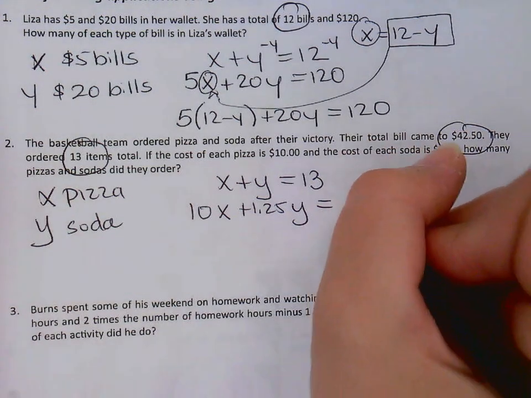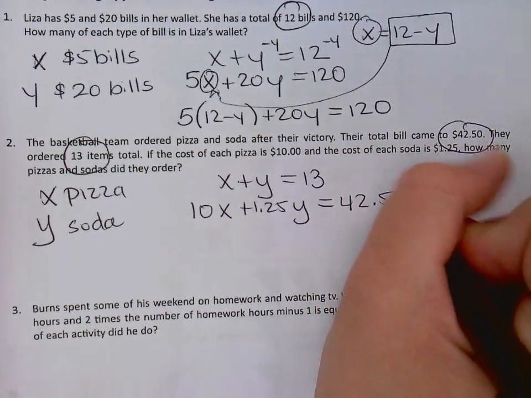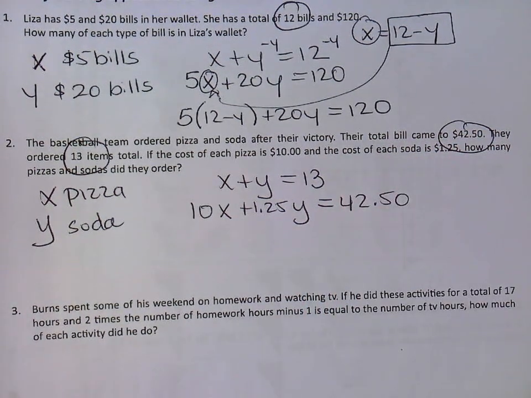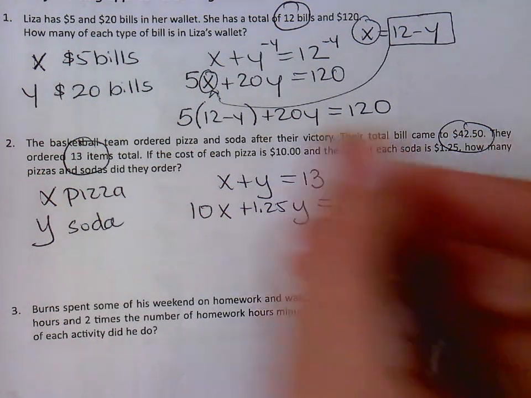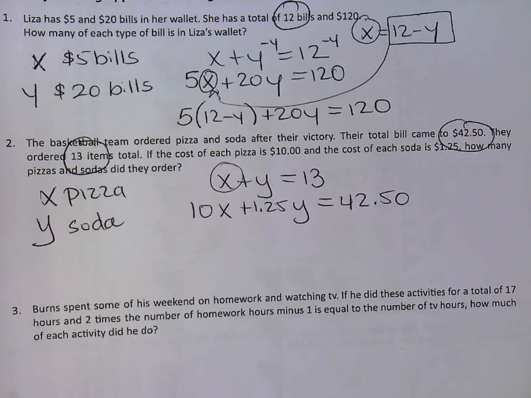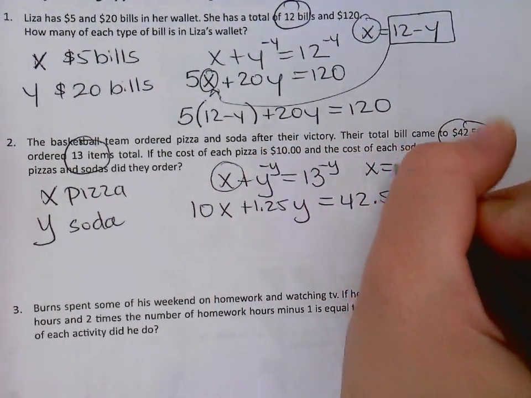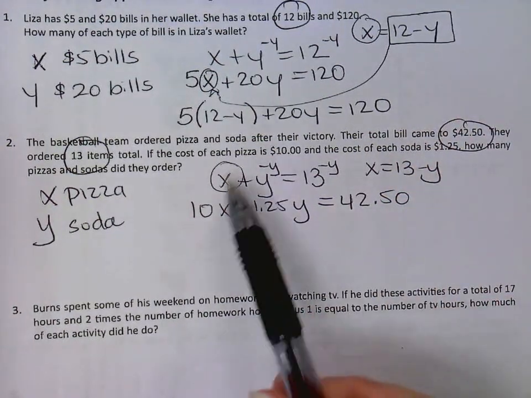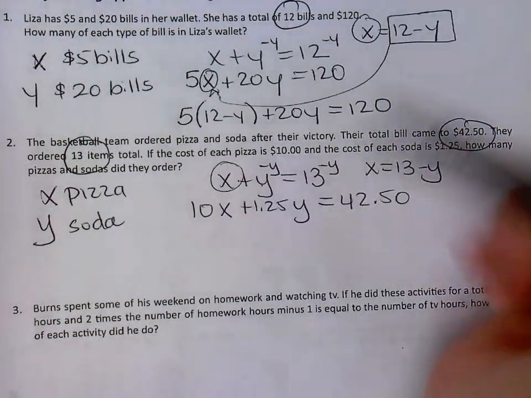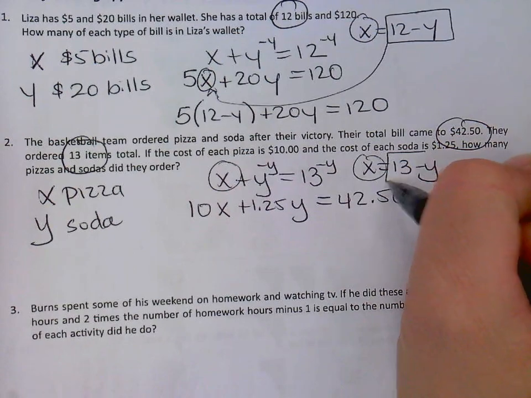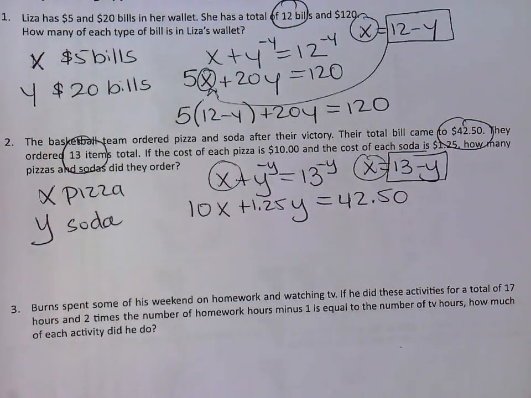And their total bill was $42.50. So we're going to set this up exactly the same way we did problem 1. Let's get x by itself. So subtracting y from both sides, we get that x is equal to 13 minus y.